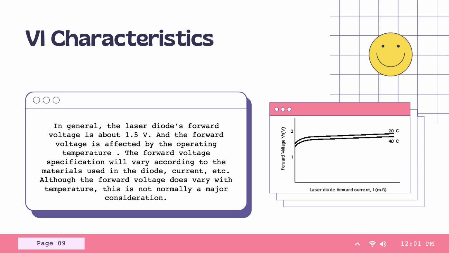Although it is necessary to check for the particular laser diode in question, the forward voltage specification will vary according to the materials used in the diode, current, etc. Although the forward voltage does vary with temperature, this is not normally a major consideration.